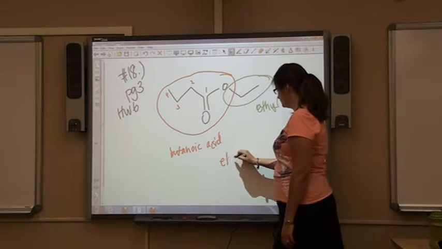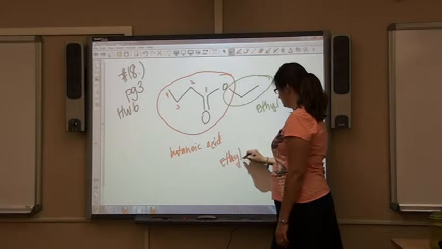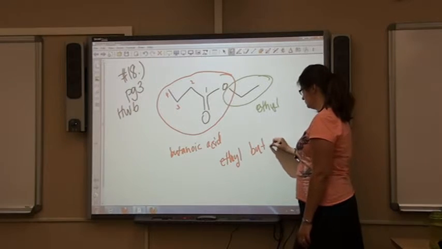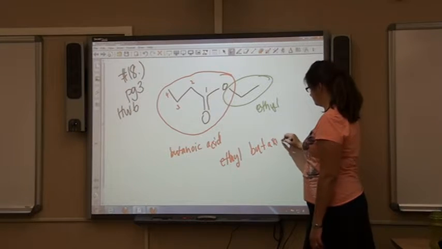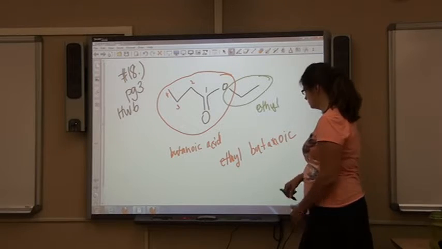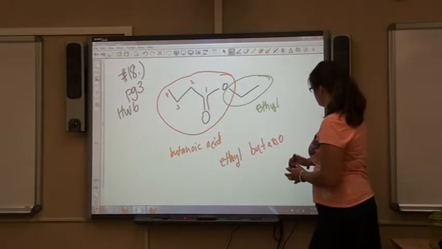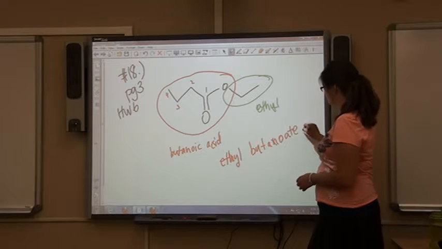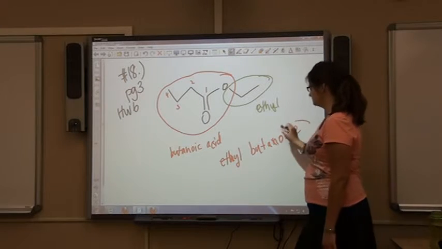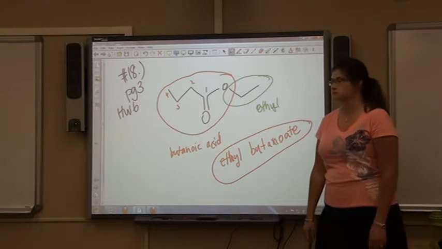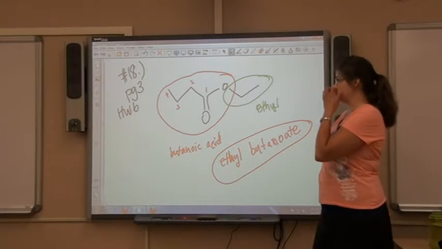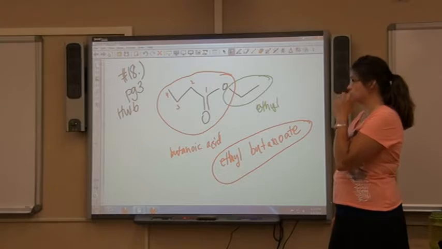Drop acid. Add ate. Butanoate is what you should get. Ethyl butanoate. And that is number 18, page 3 of your homework.